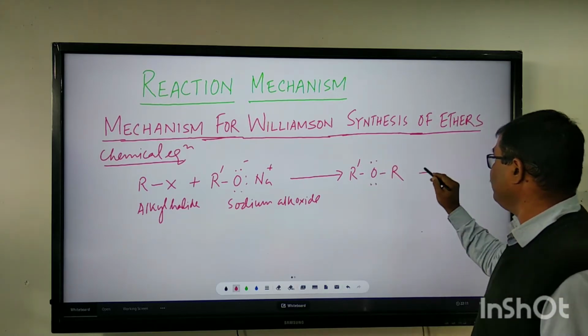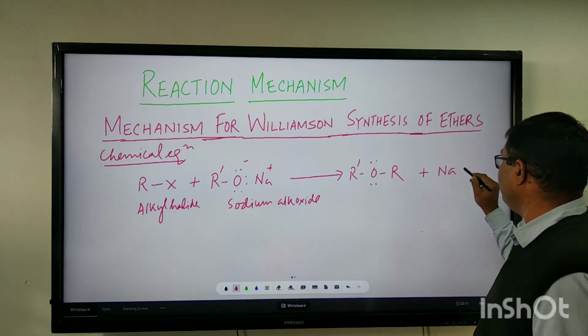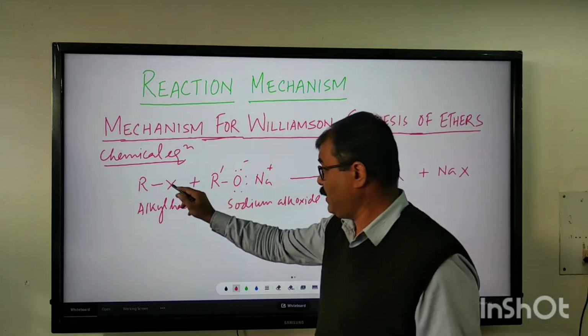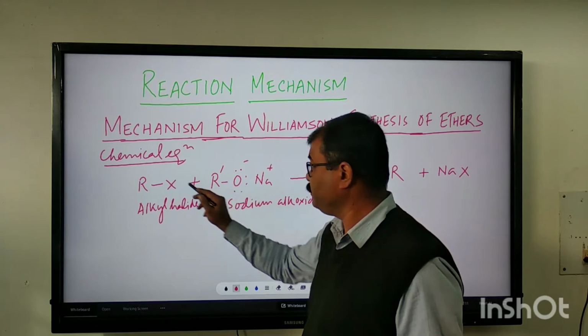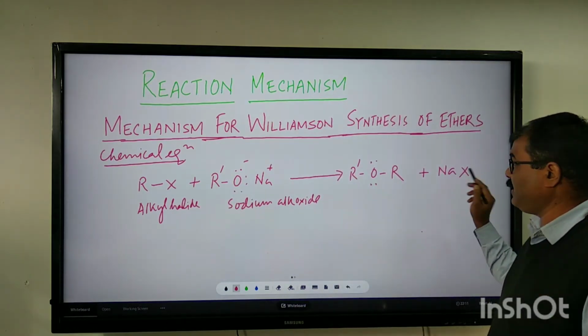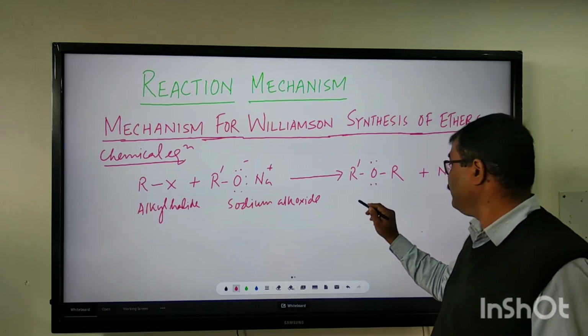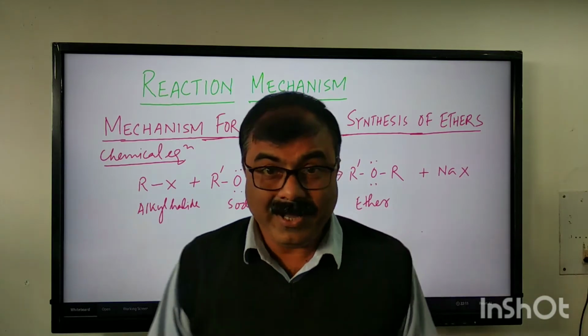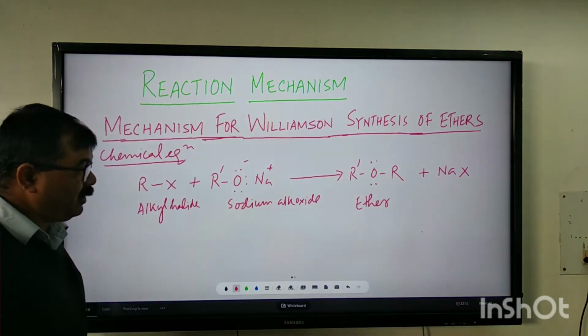Here you see what is the byproduct? NaX. This X will be substituted by RO. Here it will be X minus Na plus, so Na plus X minus, NaX. Then this is ether.